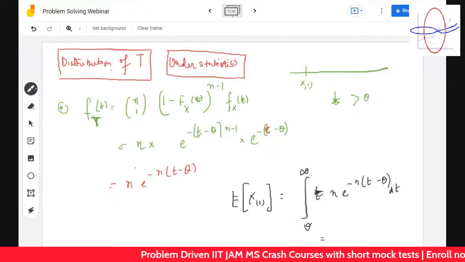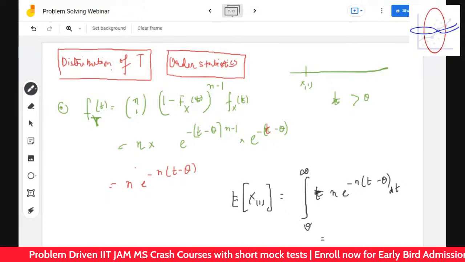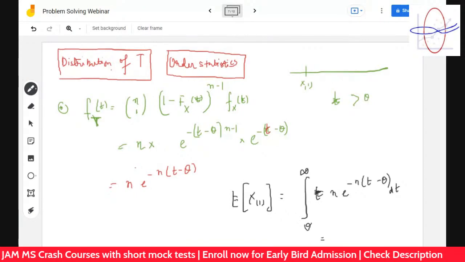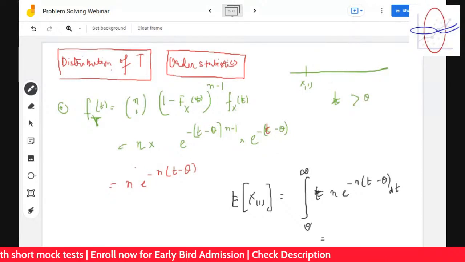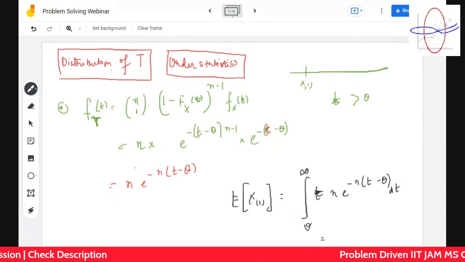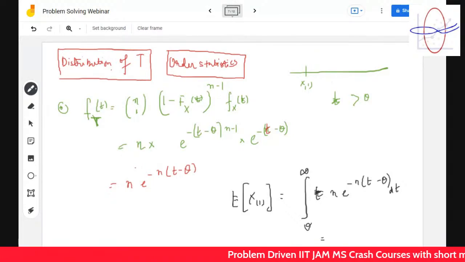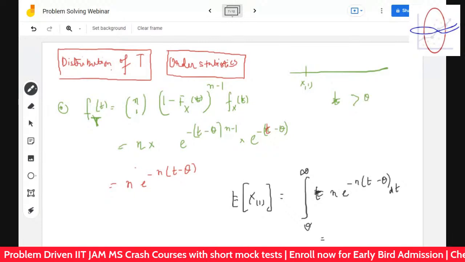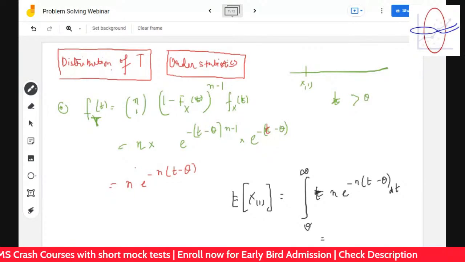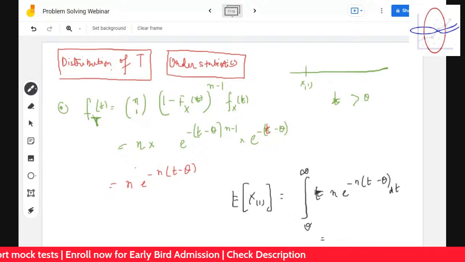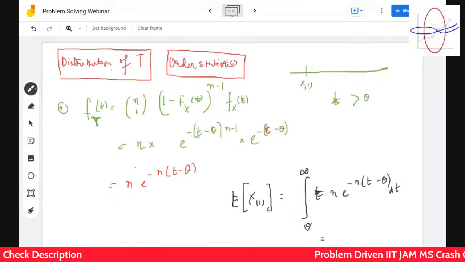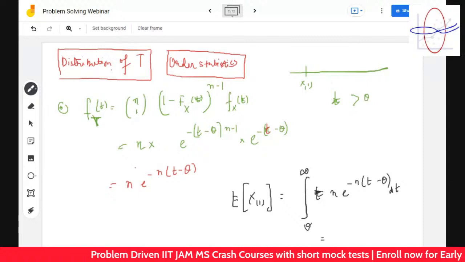Any leads to the solution of this integration? Yep, Nikhil, Mansi, Paulami, Proma, Shuprabho. Any leads?